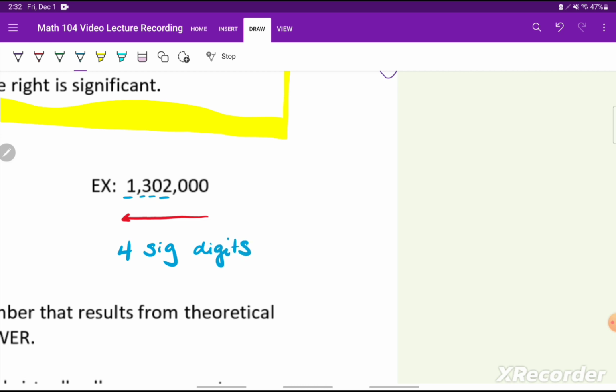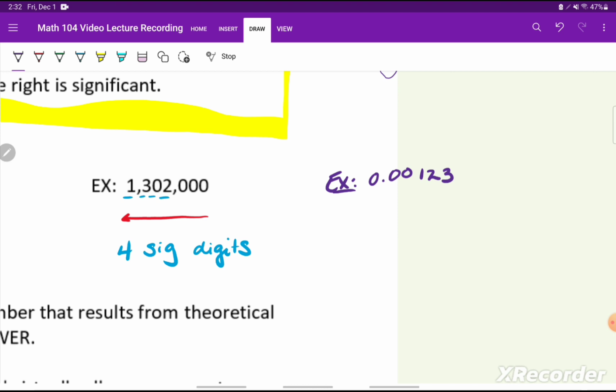I think I'm going to do just one more. In this last example, our number has a decimal point. So a decimal point is present.